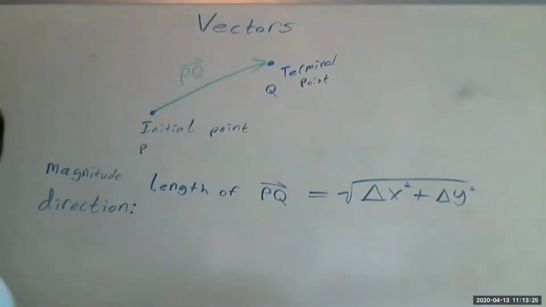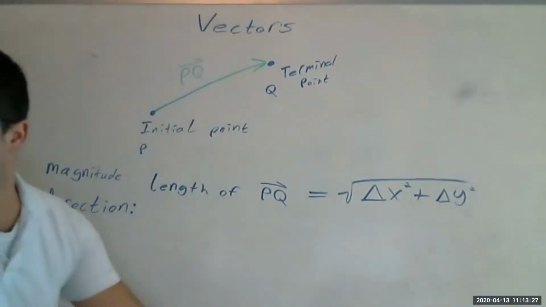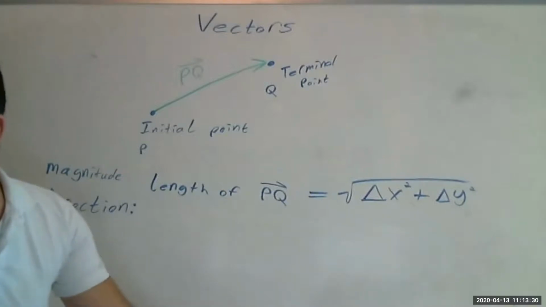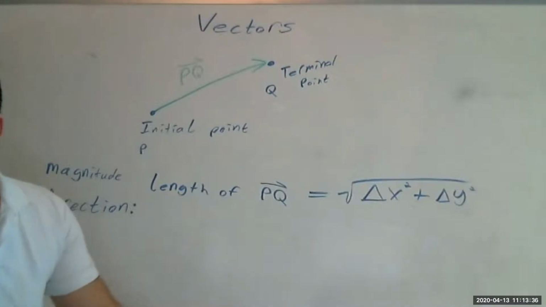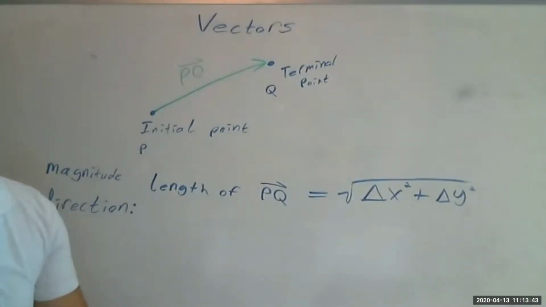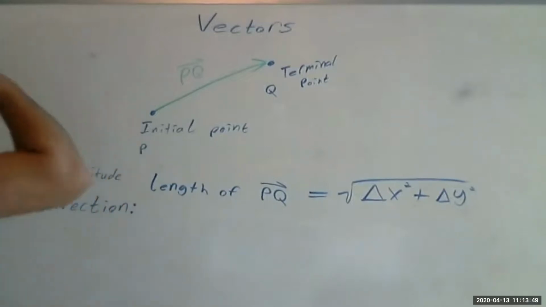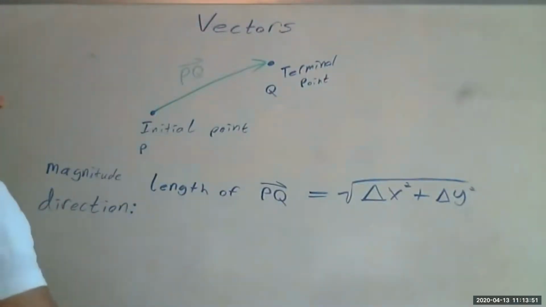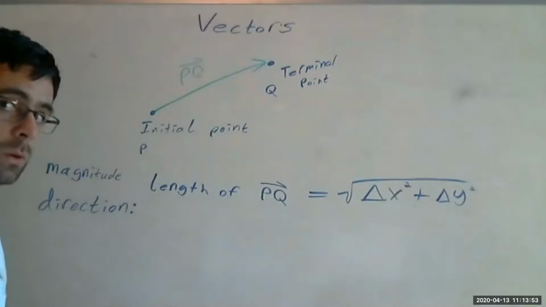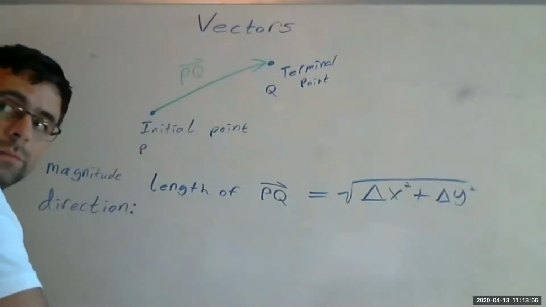Depending on how you want to talk about this, it's kind of up in the air, but because we've been talking about triangles, we usually use trig to talk about the direction. The other one that makes sense to a lot of people with this is the slope.